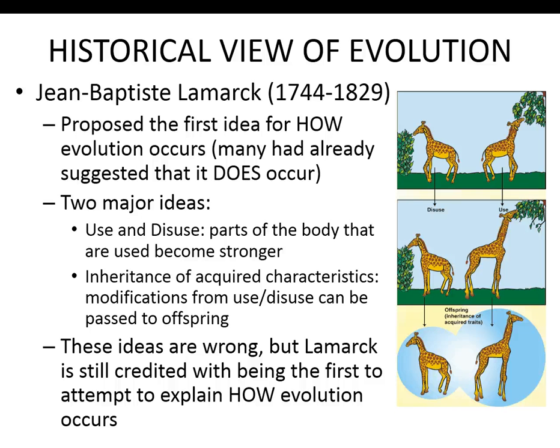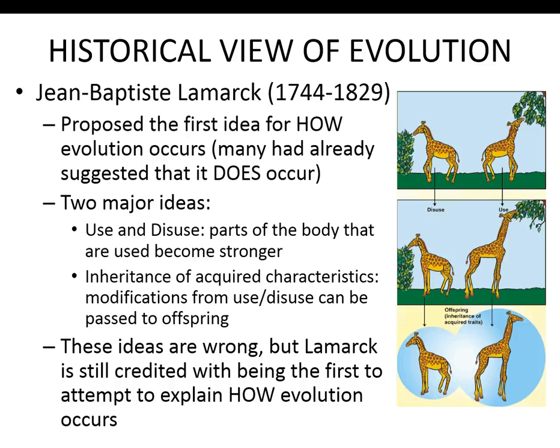The first is use and disuse. In Lamarck's beliefs, whenever you're using a part of the body, that part's going to become stronger. And when you're not using a part of the body, then it's going to become weaker, and over time you maybe lose some of the ability to actually function with that part of the body.